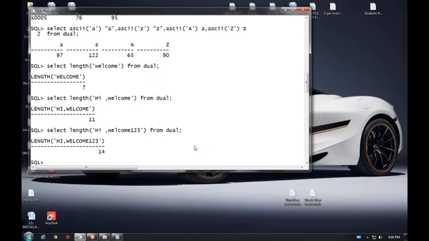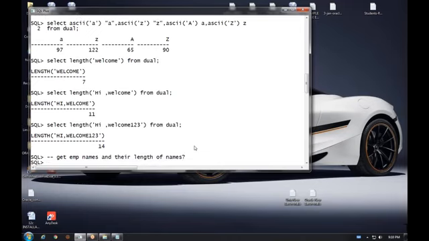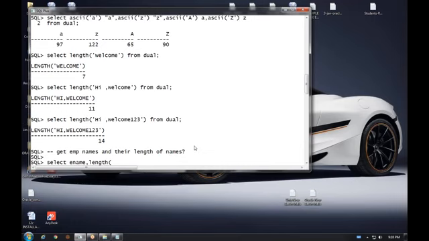Okay, similarly, get employee names and the length of each name. So how to calculate the length of each name? Select ename, comma, length of ename from emp.